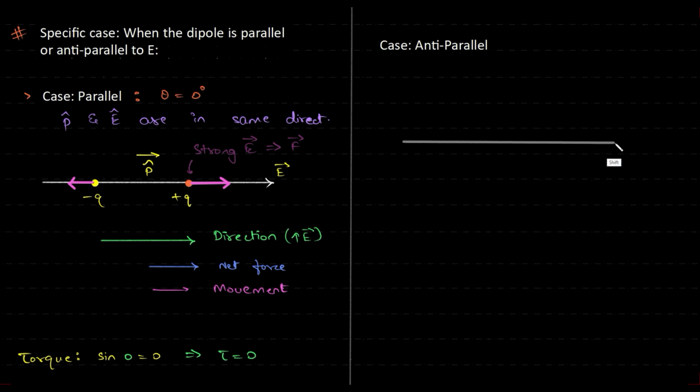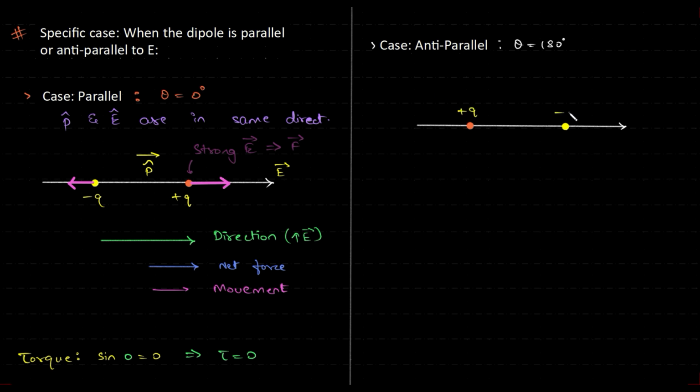Here, this is the opposite scenario. So we are looking at the electrical field to be at an angle of 180 degrees. Now, this is positive and the other end will be negative, right?